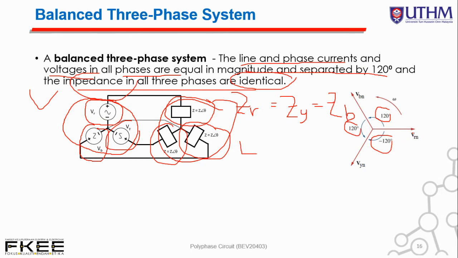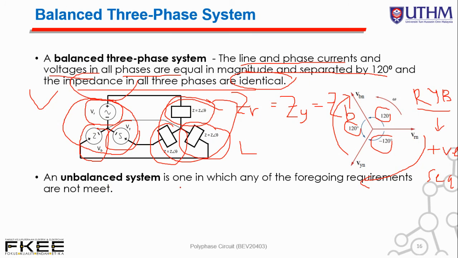Remember, this is positive sequence because we have R, Y, and B, from R to Y, from Y to B. This is just for revision, from a few slides earlier in topic 1.